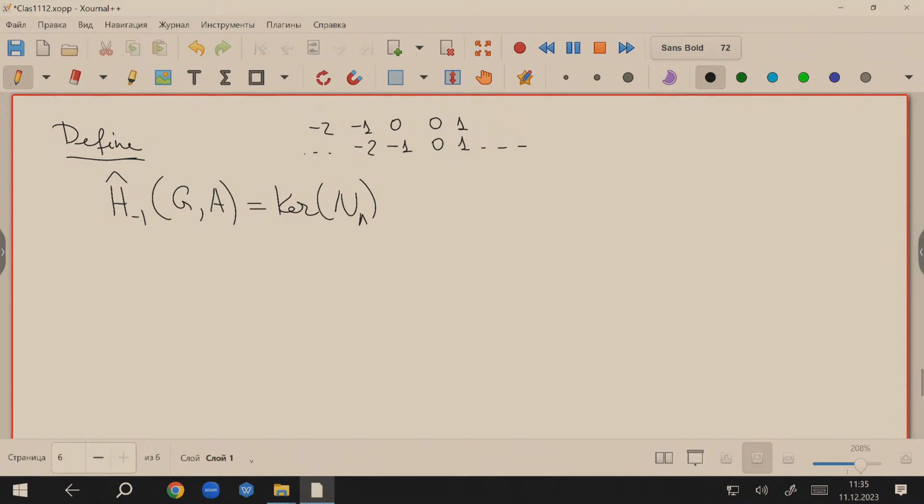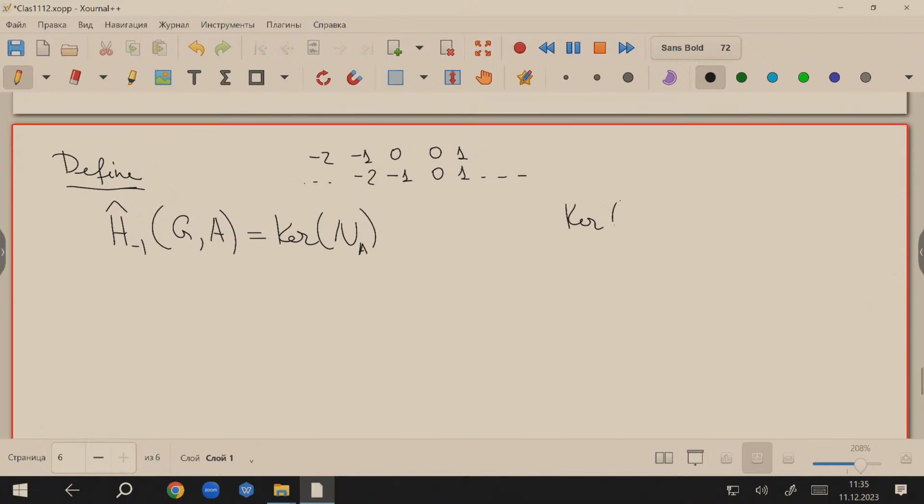Notice that the kernel of N_A contains I_G times A, and the image of N sits of course in the invariants of G. So you may think of the kernel in the coinvariants.